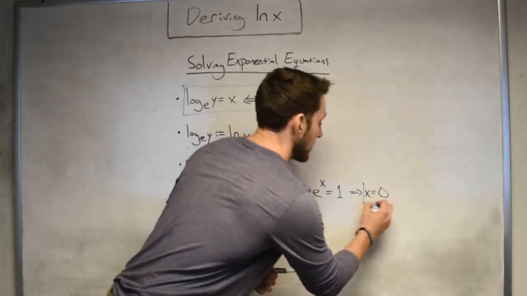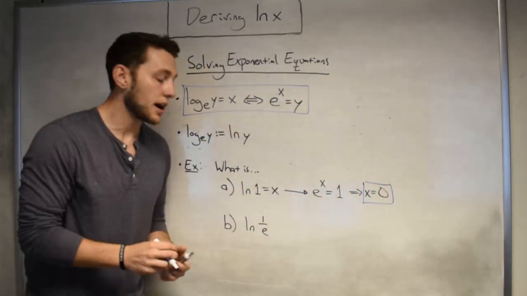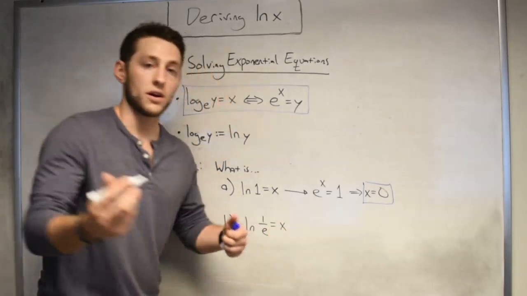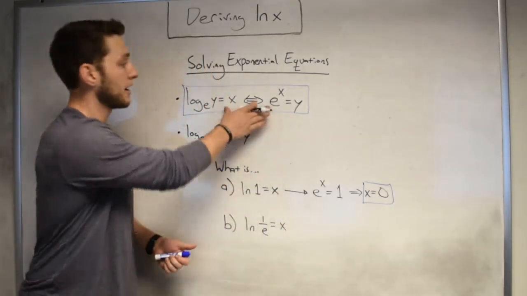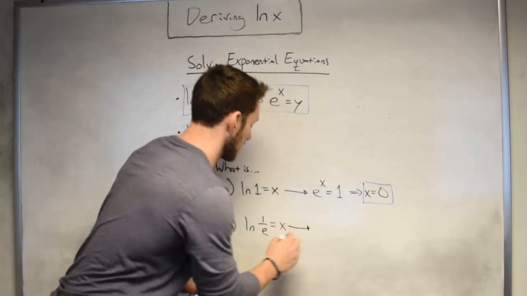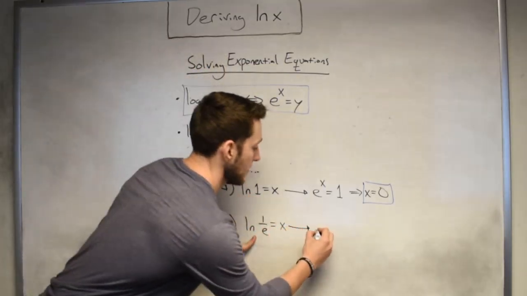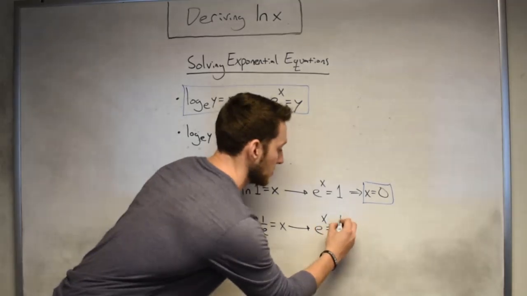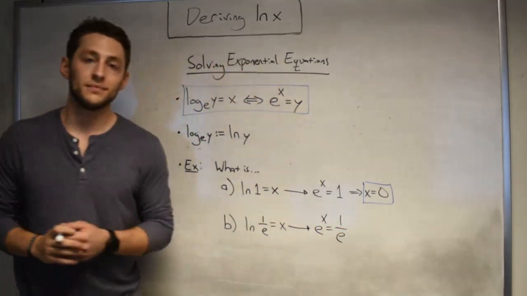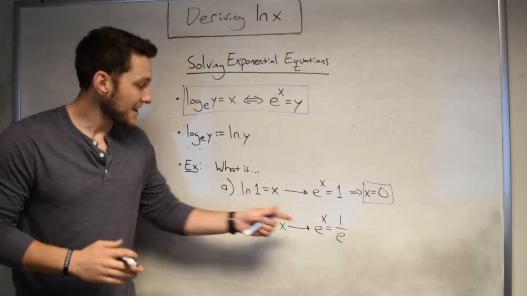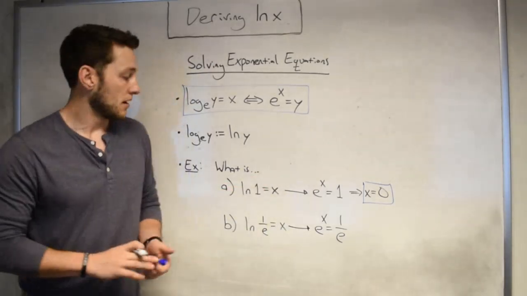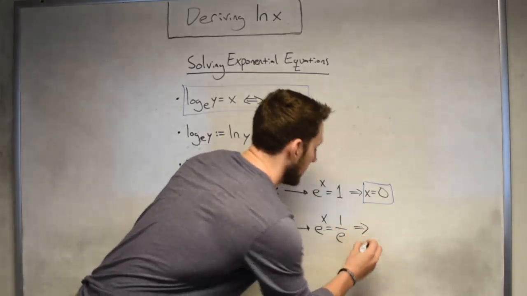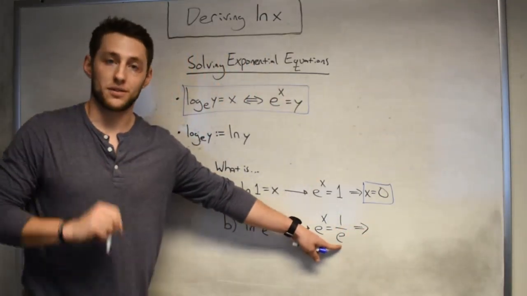So, next problem. Natural log of 1 over e. Since we don't know the answer, let's call it x. Now applying our translation, this translates the problem into our base, e, to the answer, x, is equal to 1 over e. This is a little bit less clear than the previous one, but one thing we can do is translate this one more step further.